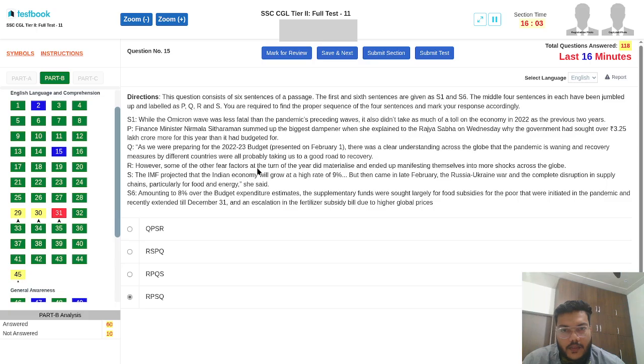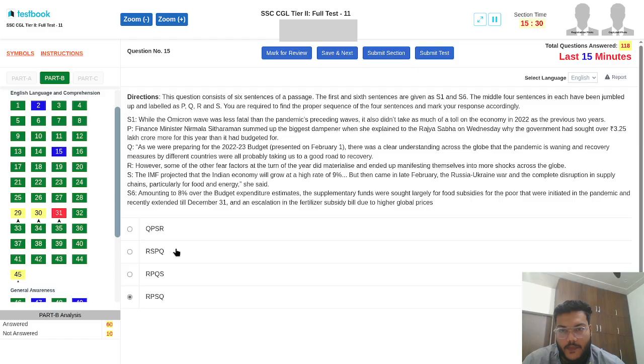However, some of the other fear factors at the turn of the year did materialize and ended up manifesting themselves into more shocks across the globe. ठीक है, से स्टार्ट है। Some of the biggest dampener, sort over. पी आएगा, एस तो आएगा नहीं, पी आएगा। Some of the biggest dampener explain them had sought over more for this year than it had budgeted for.